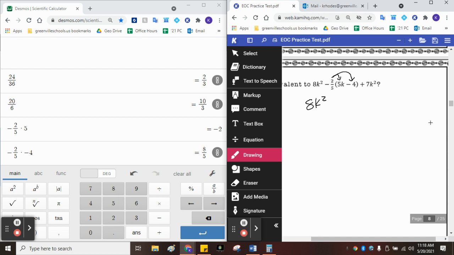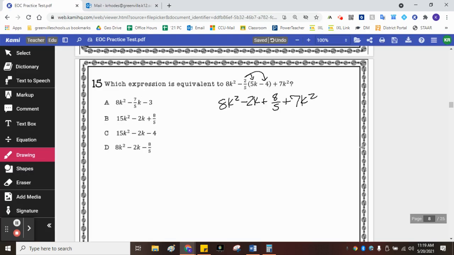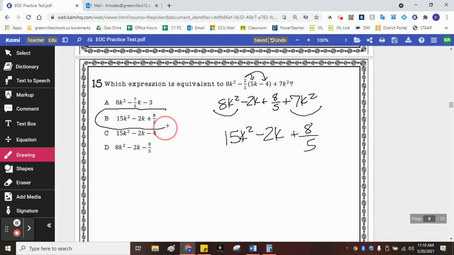So that's positive 8/5, plus 7k squared. Combine like terms: 8k squared plus 7k squared is 15k squared. Minus 2k plus 8/5. There we go.